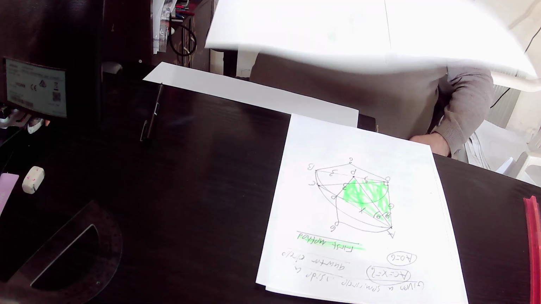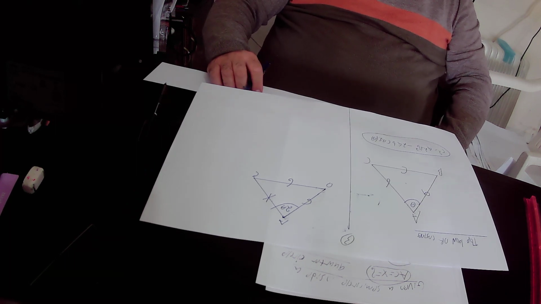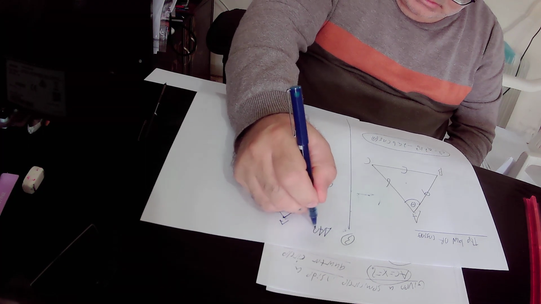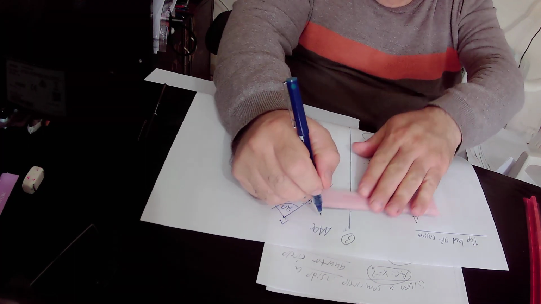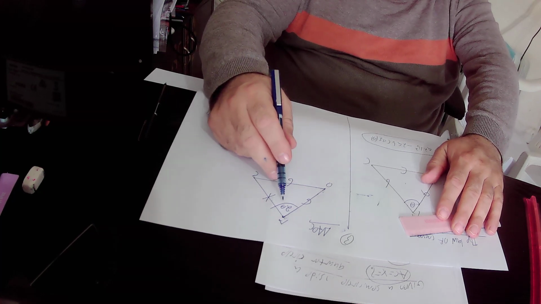So this is triangle AOC that I copied from the original drawing. Angle OAC equals theta plus theta, that is 2 theta.